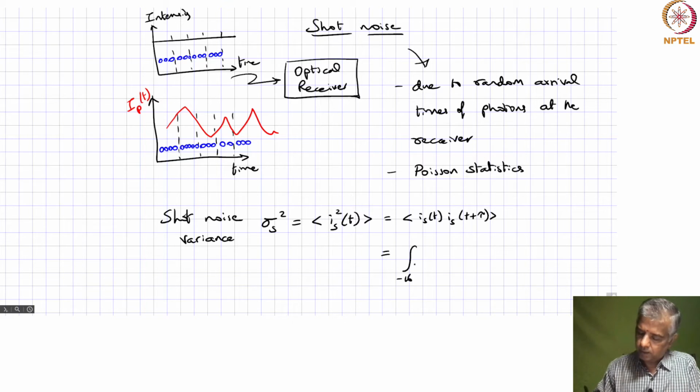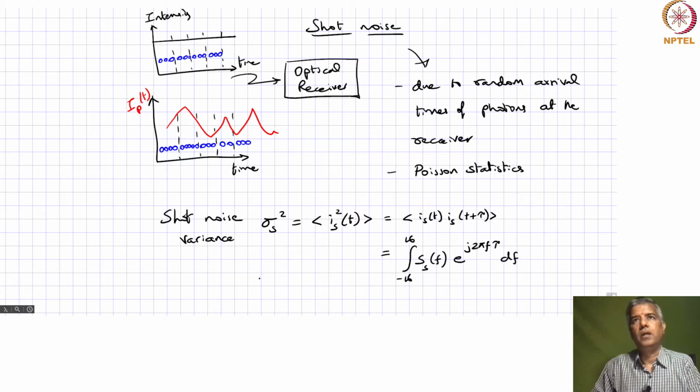So you can express this as an integral over frequencies from minus infinity to plus infinity of the power spectral density S_s of f corresponding to the shot noise process, e to the power j 2 pi f tau. Now, of course, we want the variance, which means that tau is equal to 0. So you can neglect this, and then you have just this quantified in terms of the power spectral density.